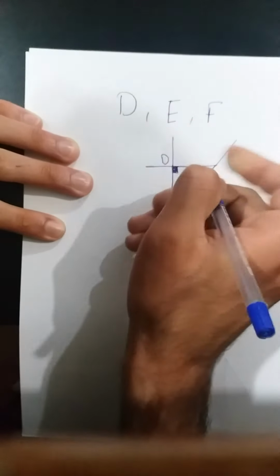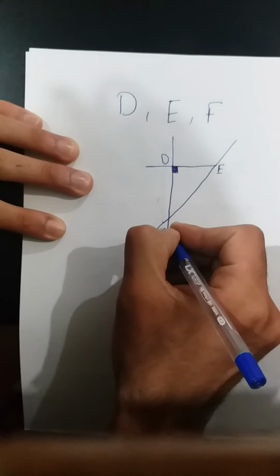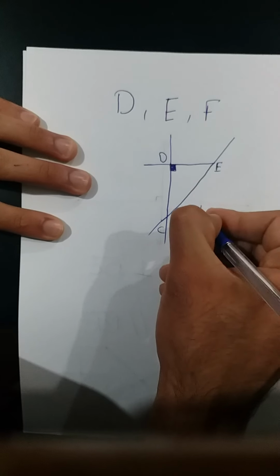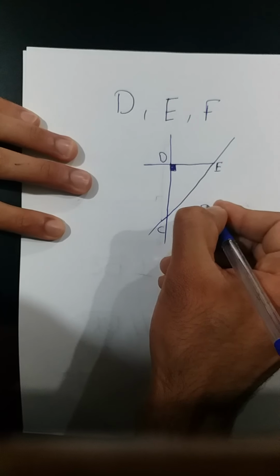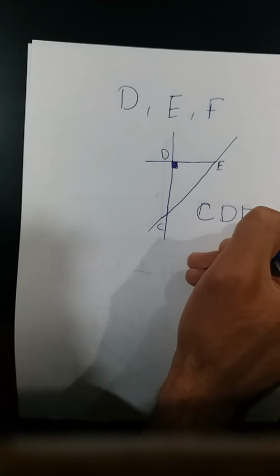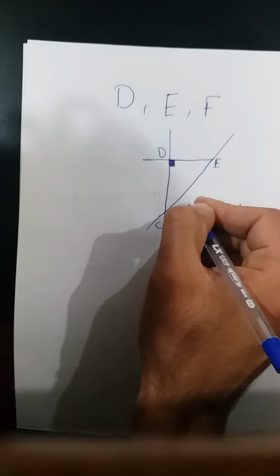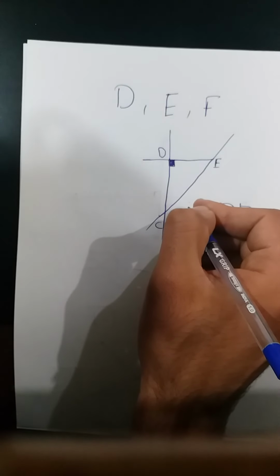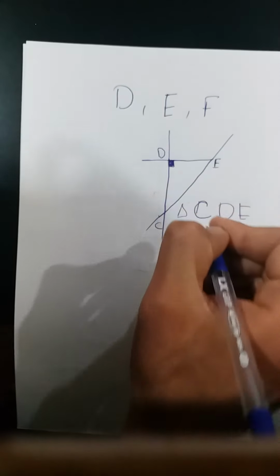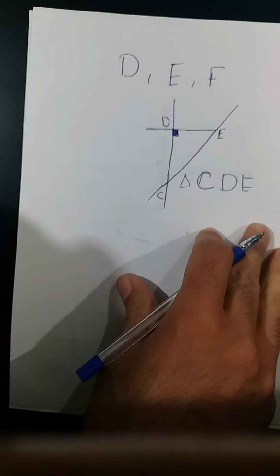This is D and E, and this is C. So I'm going to name it CDE, and this is going to be my right triangle.